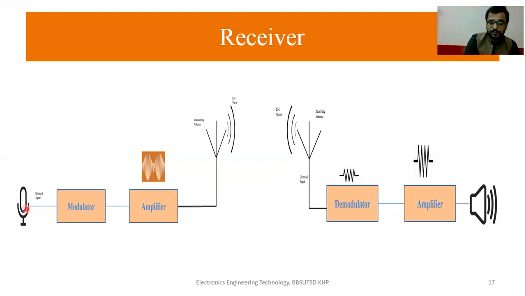After amplification it gives us the output in the speaker. So this one is the transmitter, and this one is our receiver.